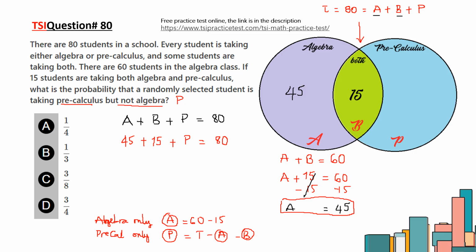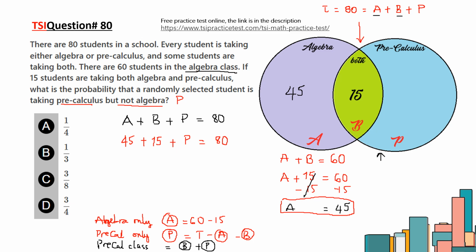If they're asking for the pre-calculus class, the pre-calc class is equal to part B plus part P, the whole circle here.